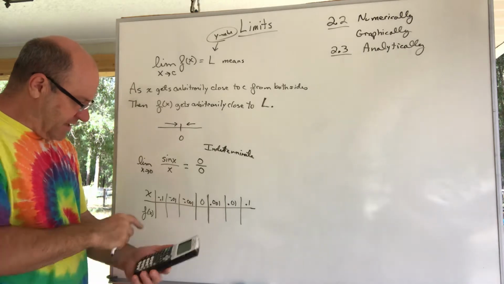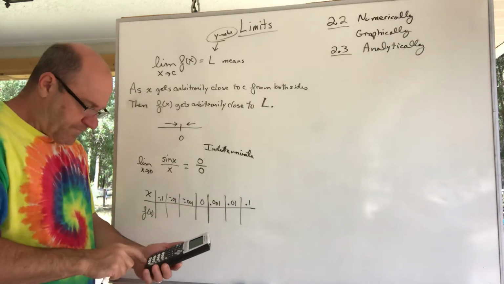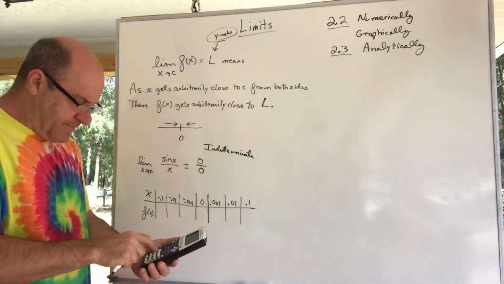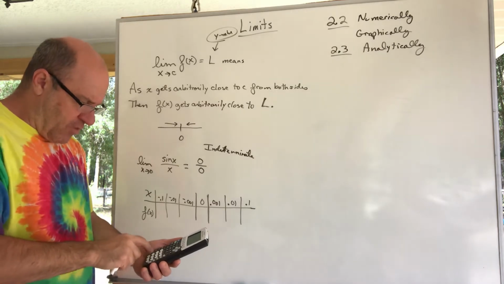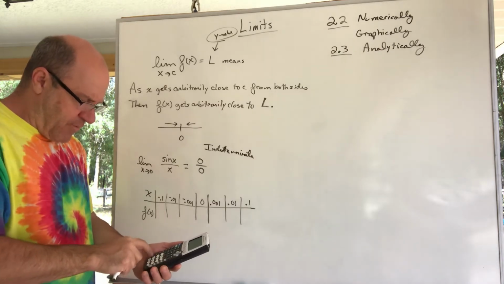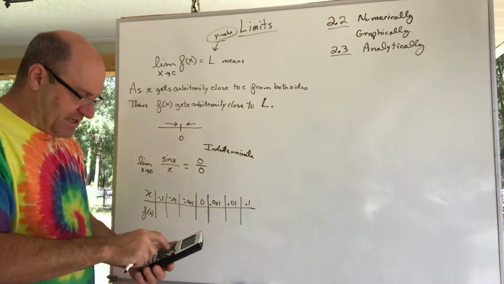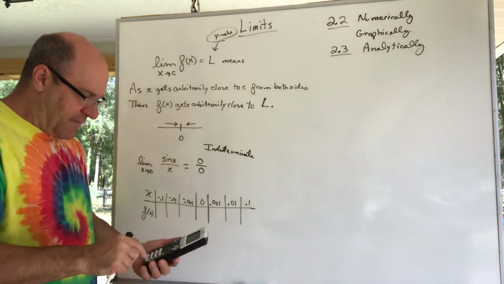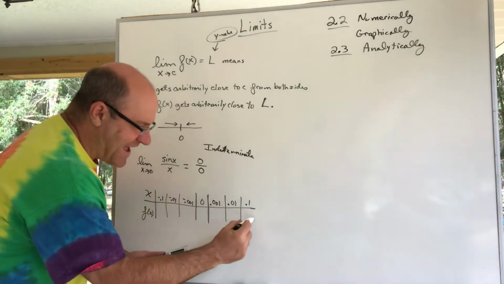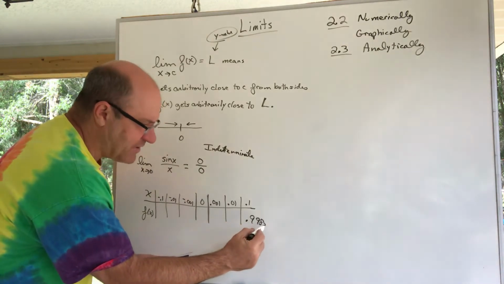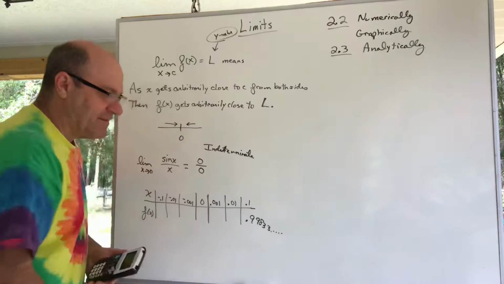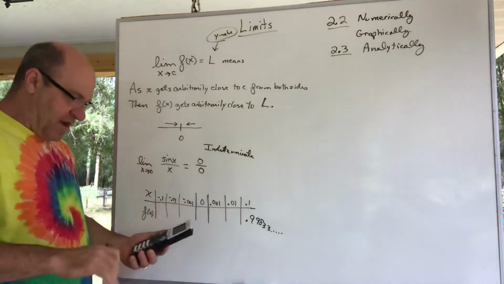So I want to try plugging in 0.1. That is the sine of 0.1, divided by 0.1. I hope I'm in radian mode. Let me just check my mode. Yeah, I'm in radian mode. And so I've got 0.99833. So that's my answer. Let's try 0.01.